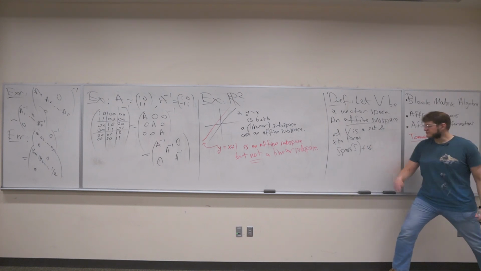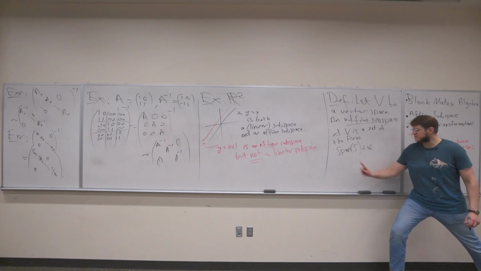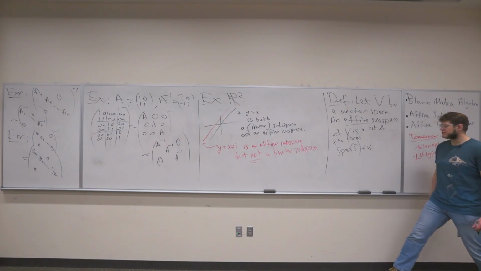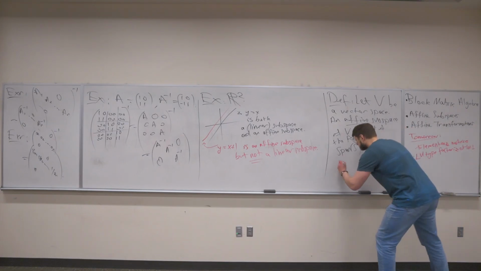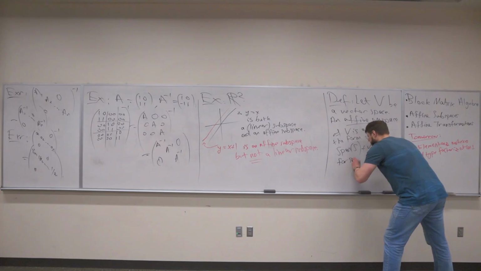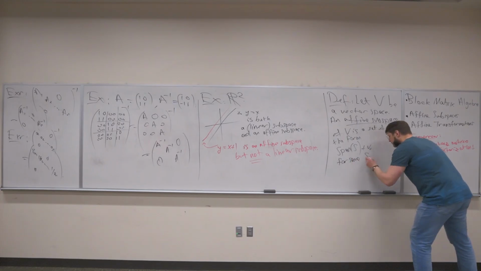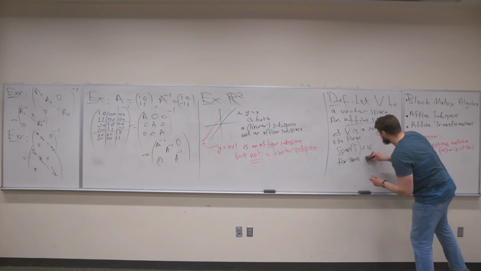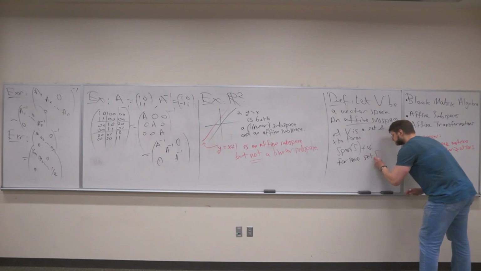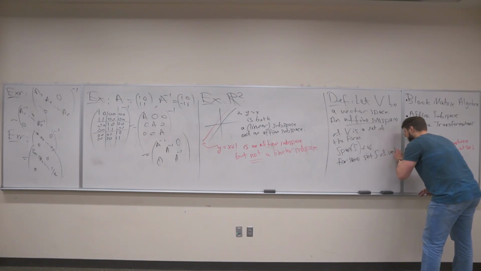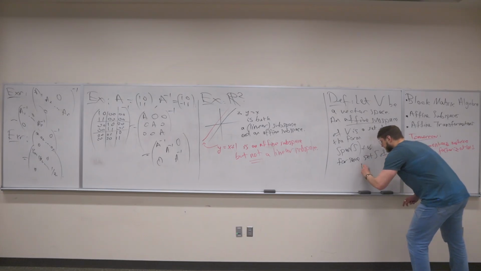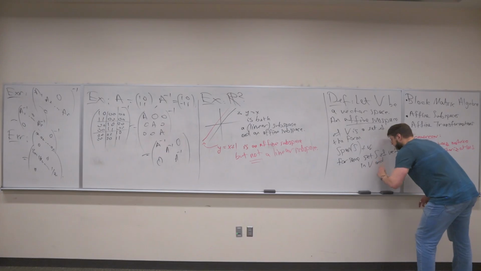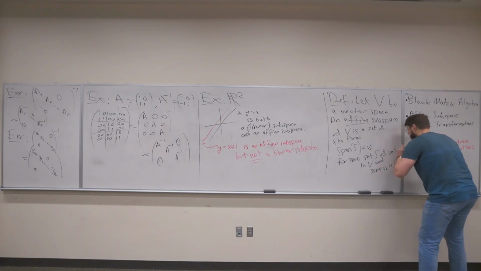So you take a set of vectors, you look at the span, so now you have a subspace, and then you translate it using some vector. For some set S of vectors in V and some v0 in V.